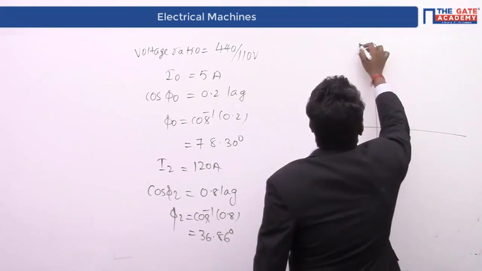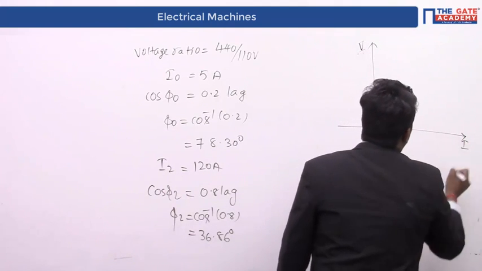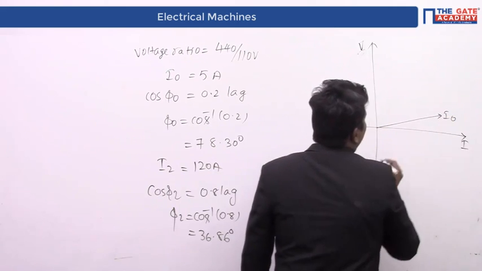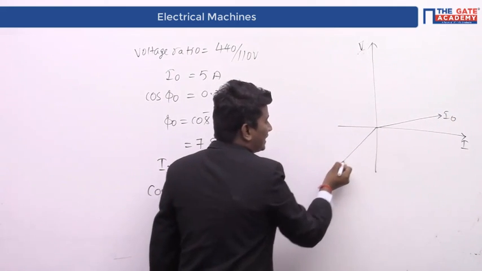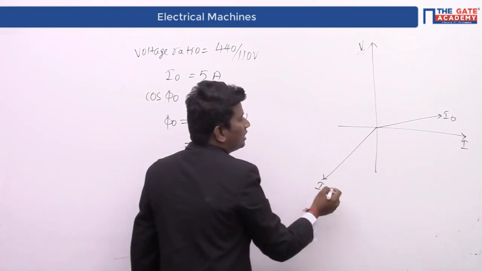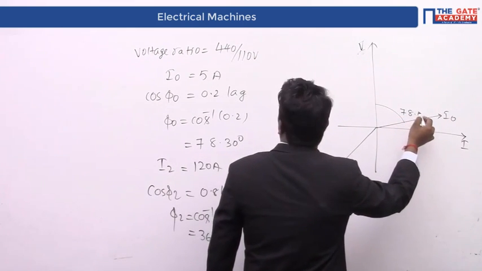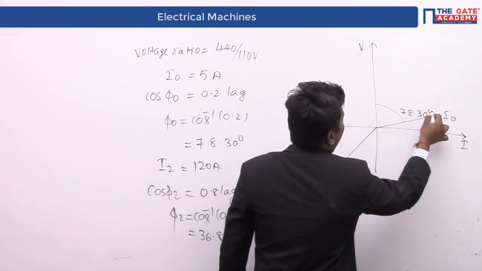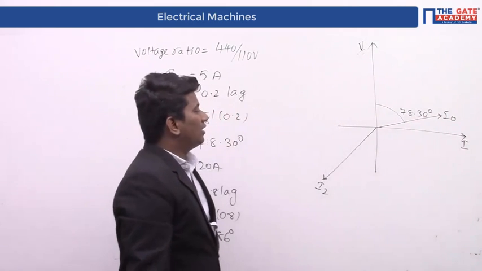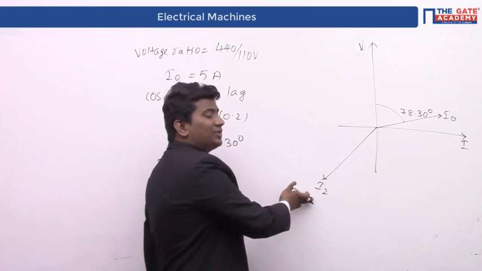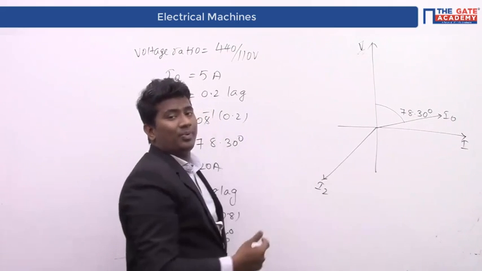This is your voltage, this is your current. So this is your no load current I0, and that too it is a lagging current, secondary side I2. The angle between these two, they have given, 78.30 degrees. Now they are asking the primary side current, means you have to transfer the secondary side current referred to primary.